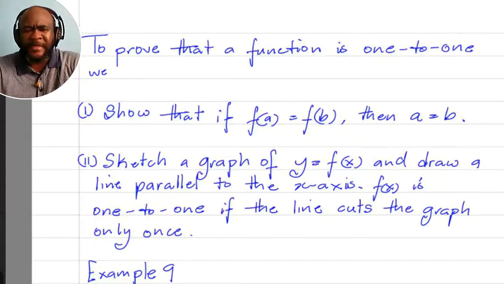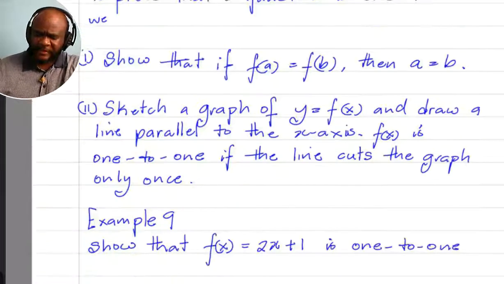If the line is parallel to the x-axis, it's going to be a horizontal line. Then f of x is one to one if the line cuts the graph only once. Every horizontal line that can be drawn must cut this graph only once.